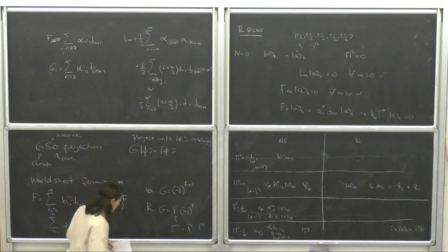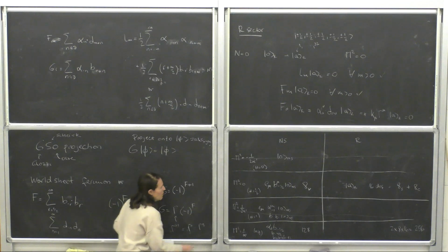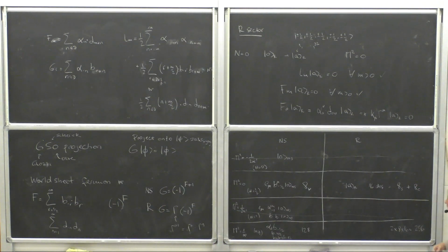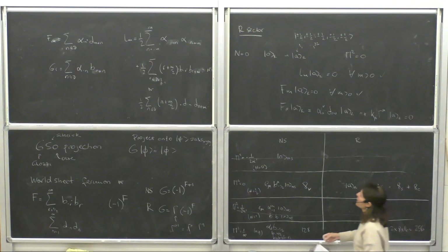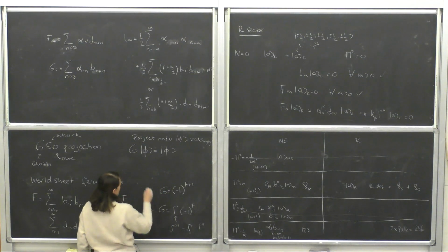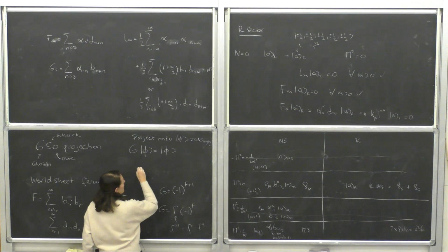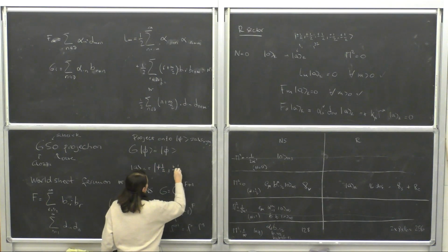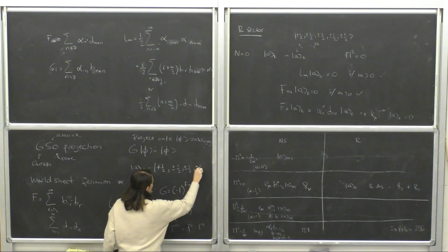Okay, so now with this GSO projection, I got rid of this, and here I will have only one chirality. So one chirality in 10 dimensions, but if you remember, this Ramond ground state had its chirality fixed, and then plus minus 1/2, plus minus 1/2, plus minus 1/2, plus minus 1/2.